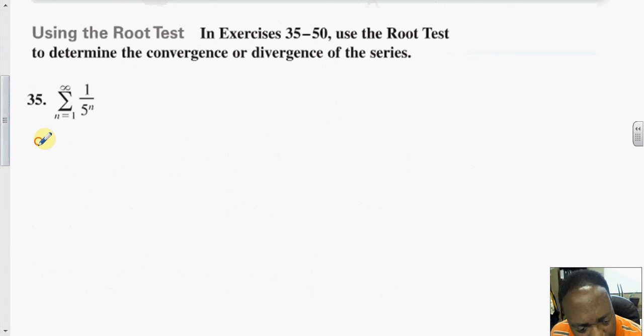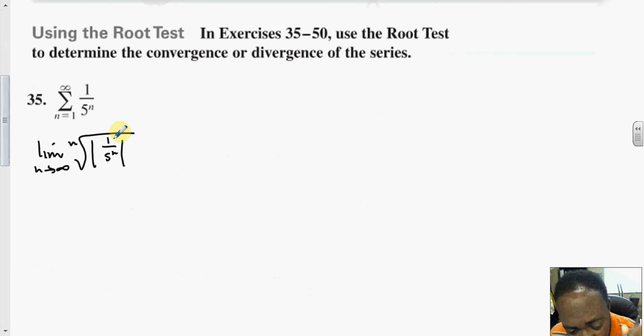root test to this. So we take the limit as n goes to infinity of the nth root of the absolute value of 1 over 5 to the n. You can drop the absolute value sign because 1 over 5 to the n is positive as n goes across positive numbers.